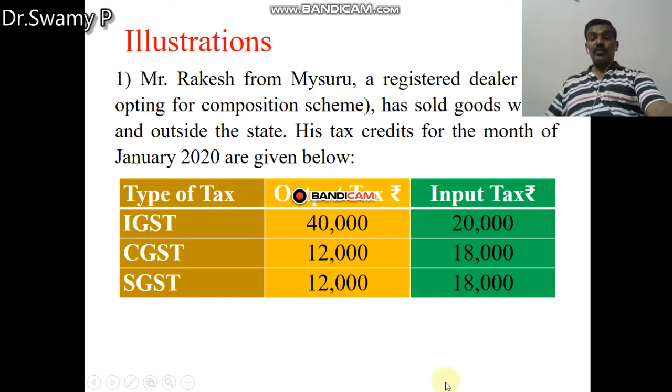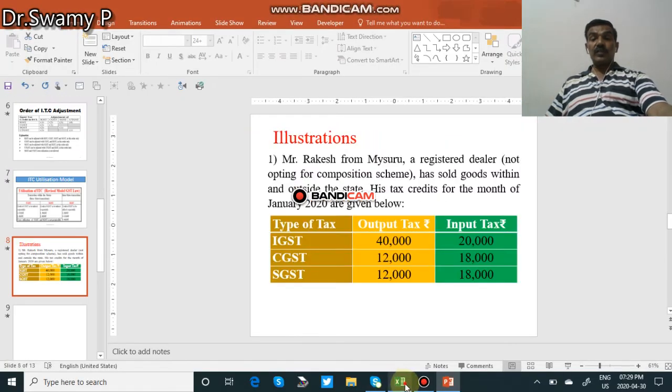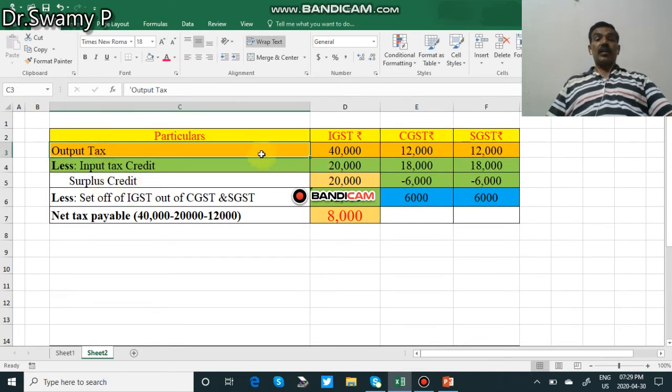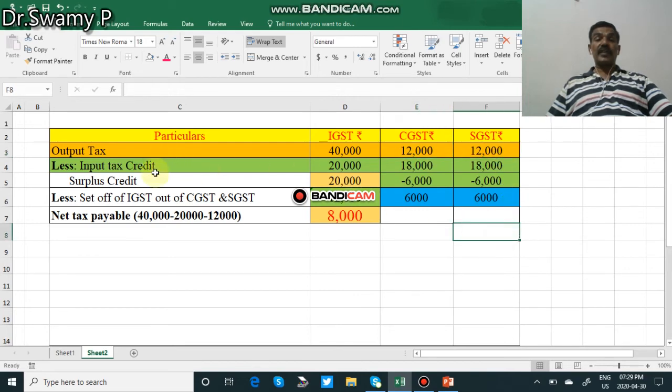So how to adjust these two? Let me show you with this. See, the output tax in the first instance is IGST output tax 40,000, CGST output tax, and SGST output tax. From the output tax, input tax paid should be deducted. Output tax collected is 40,000 IGST, 12,000 CGST, 12,000 SGST.